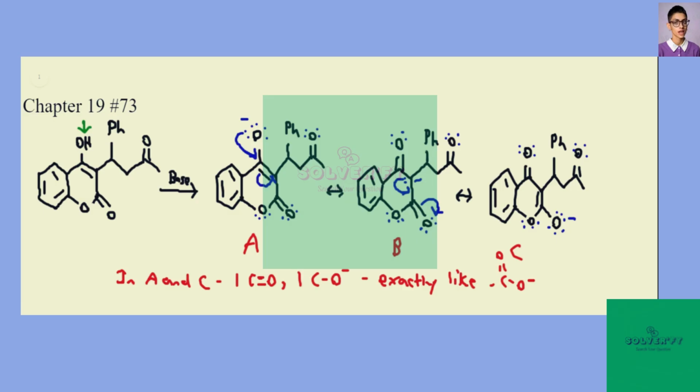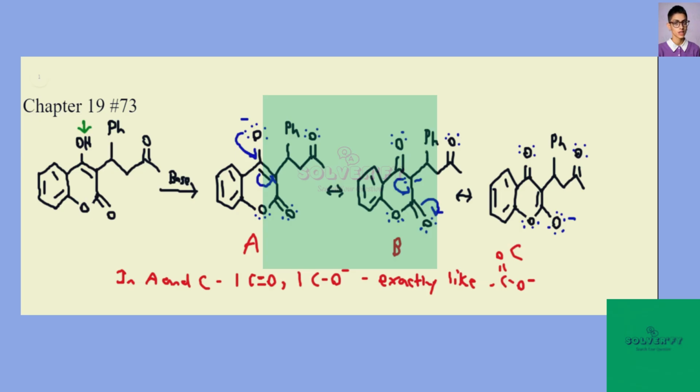And the other thing that's going to make this such a strong acid comparatively, such a low pKa, is that we have conjugation in these systems where the double bond that does exist in A and C is in conjugation with the other double bonds in this molecule.